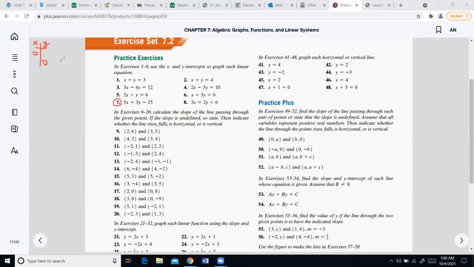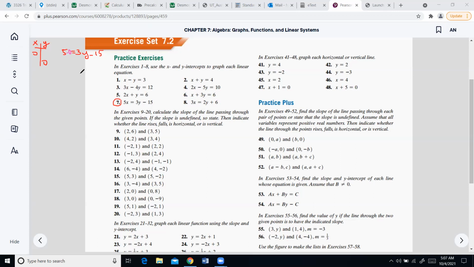So I'm going to be plugging in 0 instead of x. My equation is 5x equal to 3y minus 15. Instead of x, we'll have 0 to get the so-called intersection with the y-axis.